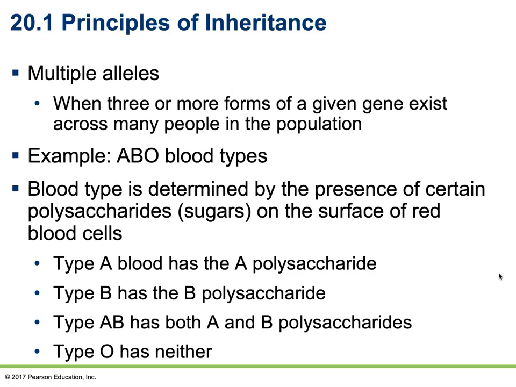Type O has neither. So in the case of tall versus short plants, we're not looking at just tall and short. We're looking at A versus B versus AB versus O versus AO versus BO. So there are many, many more possible allelic combinations going on.